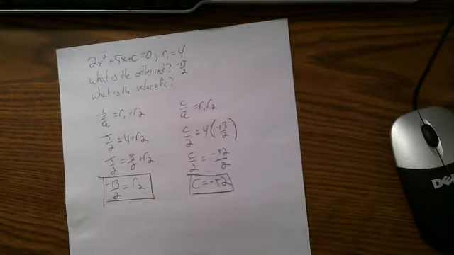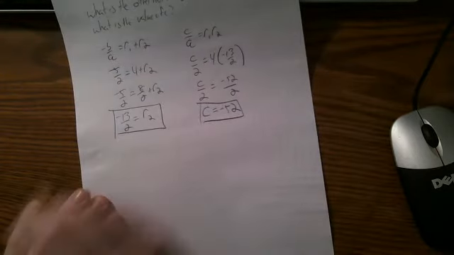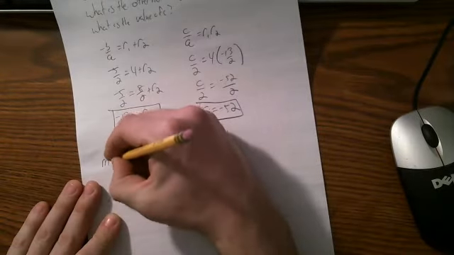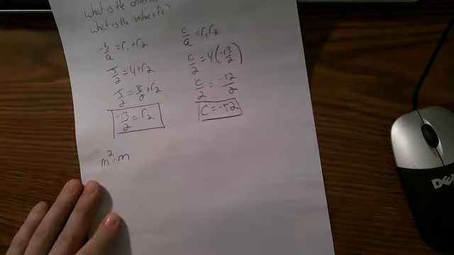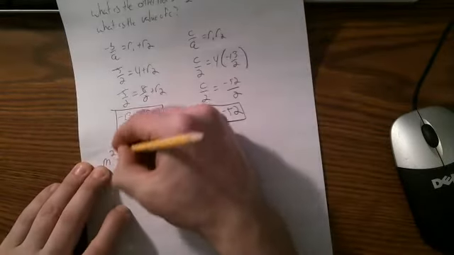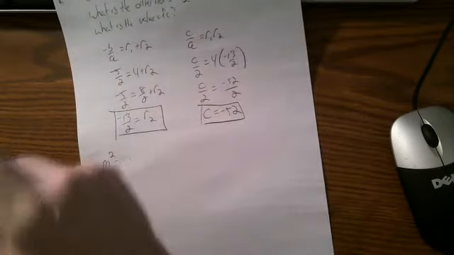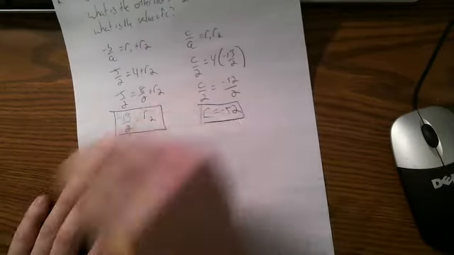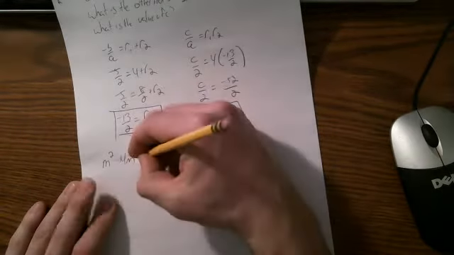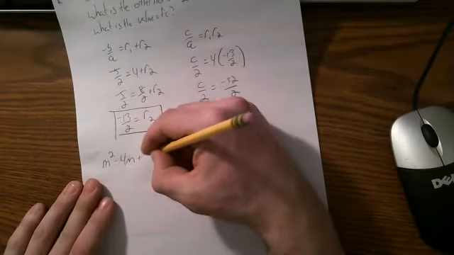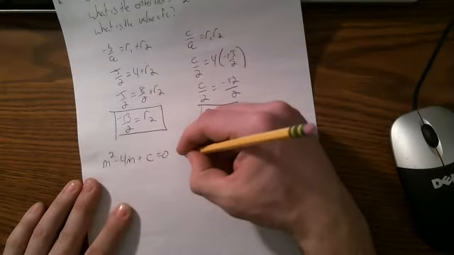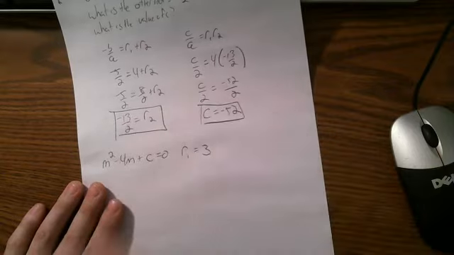Alright, let's do another example. Let's say we have m squared minus 4m plus c equals 0. And let's say we know root 1 is 3.